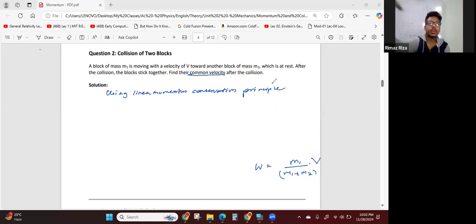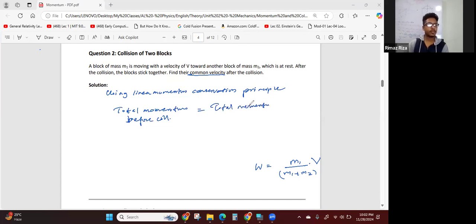Using the linear momentum conservation principle, total momentum before collision equals total momentum after collision.